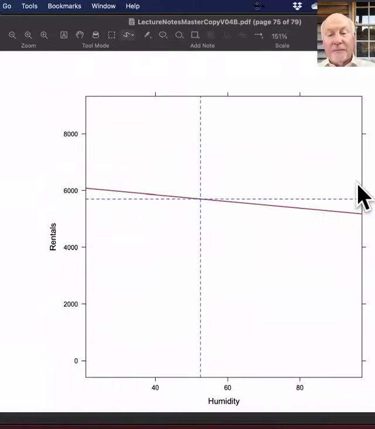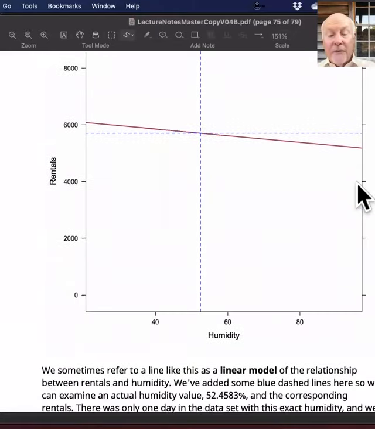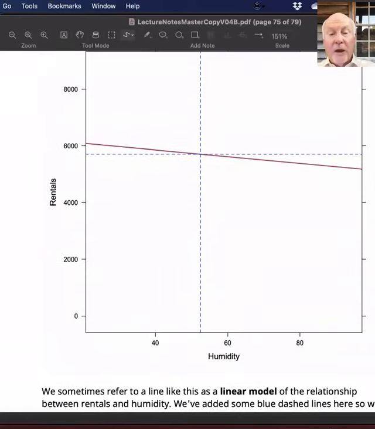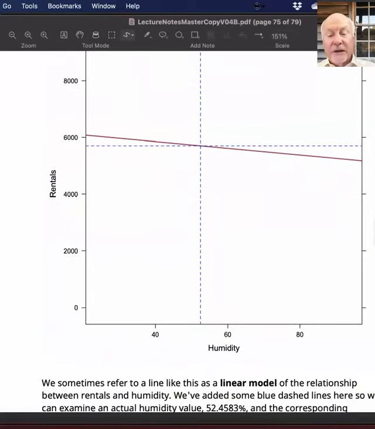So what I've done here, I've picked one humidity value. So there was a day when the humidity was 52.4583%. That's a remarkably accurate humidity reading. So I'll explain this, Sarah, how you can work it out.